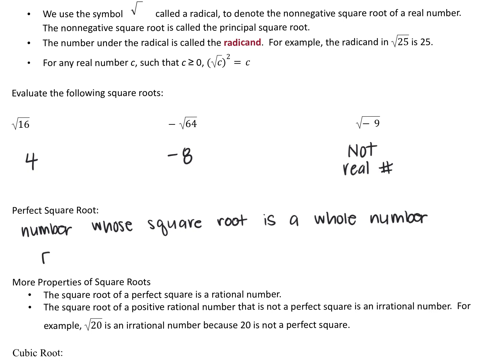For example, the square root of 49 is 7 because it's a perfect square, but the square root of 2 is actually a decimal. It's about 1.414. So 2 is not a perfect square because it doesn't give me a whole number when I take the square root.